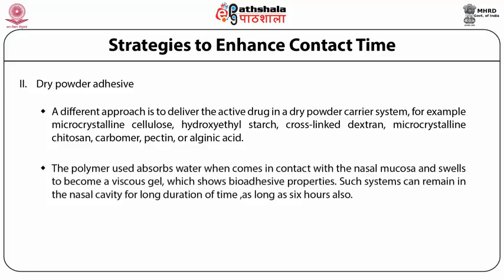The polymer used absorbs the water when it comes in contact with the nasal mucosa and swells to become a viscous gel, which shows bioadhesive properties. Such systems can remain in the nasal cavity for a long duration of time, as long as 6 hours.